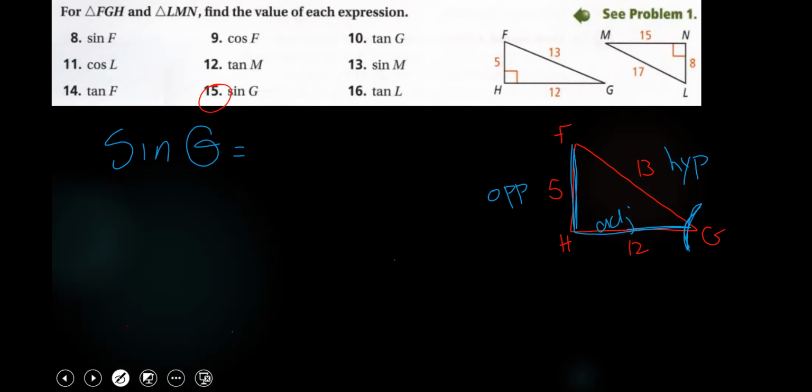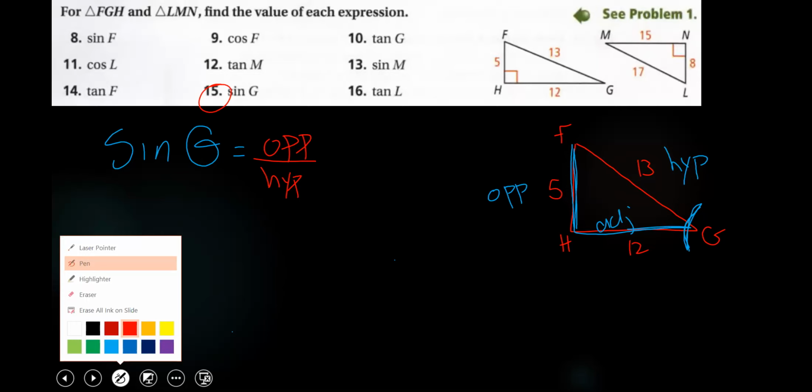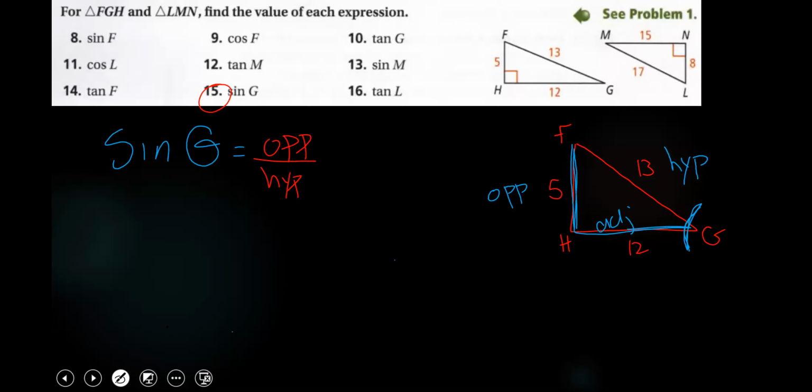Sine G is the opposite over the hypotenuse. Now for angle G, where is the opposite here? Masa, where is the opposite? 5.